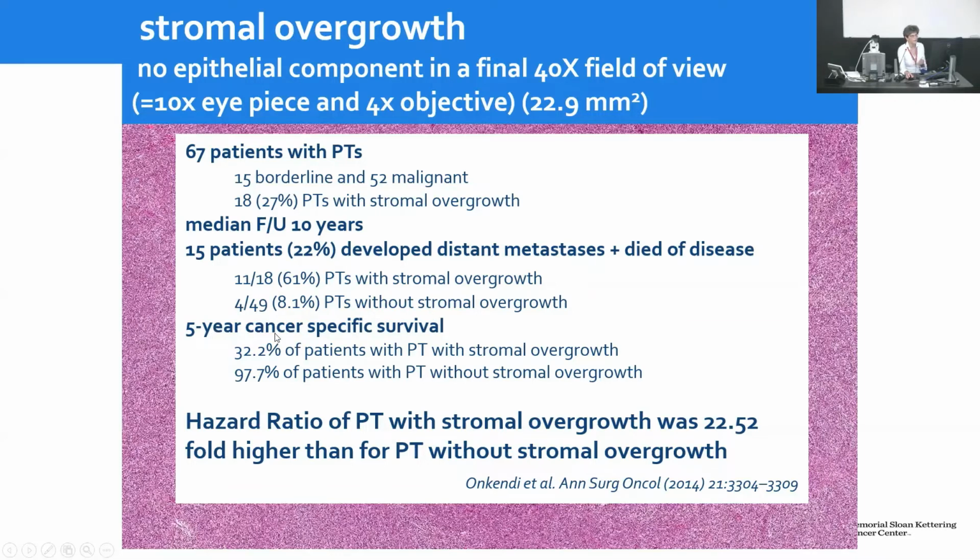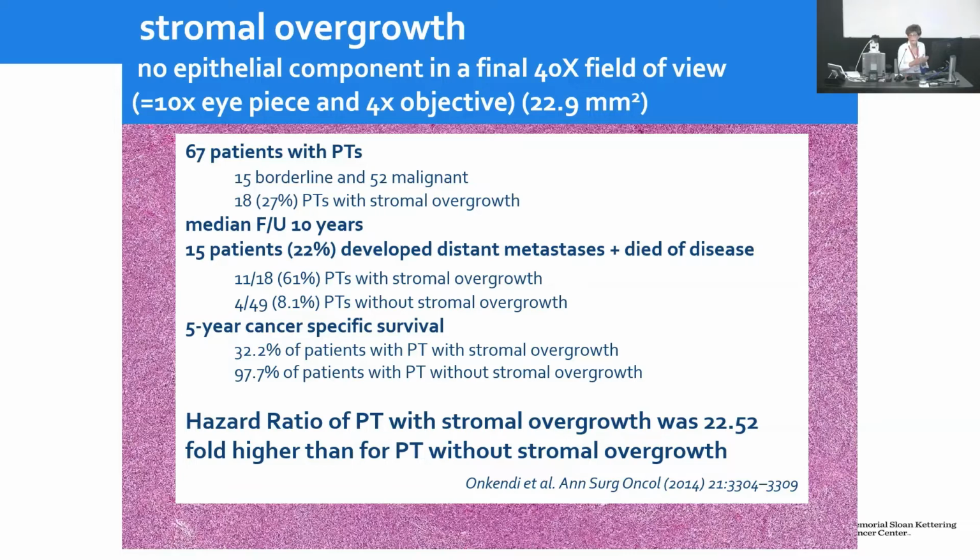And the 5-year cancer-specific survival for patients with stromal overgrowth was only 32%, 32.2. For patients with phyllodes tumor without stromal overgrowth it was 97.7%. So they lived much longer without problems if there was no stromal overgrowth. So this is a very powerful indicator of the aggressive behavior of a phyllodes tumor.